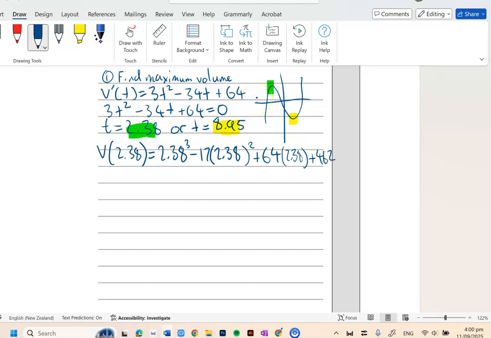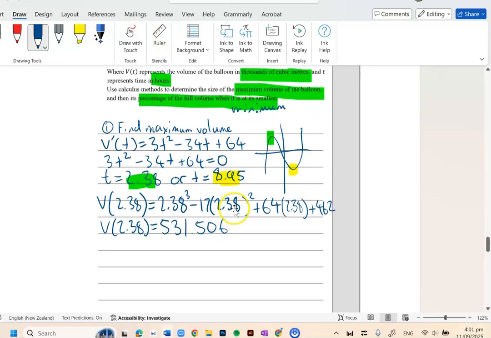So when the time is 2.38, that will equal 531,506, if we round it. Okay, so that's the maximum volume.